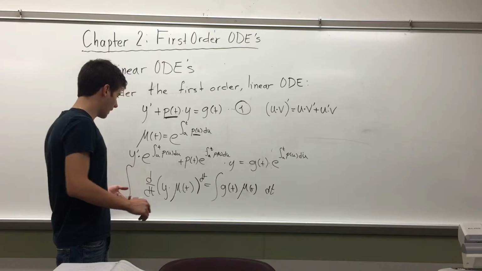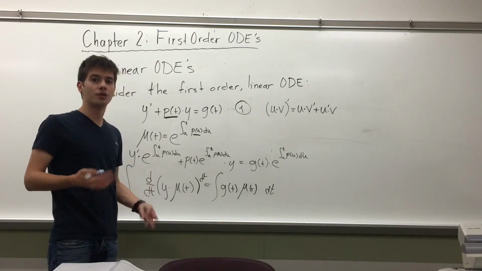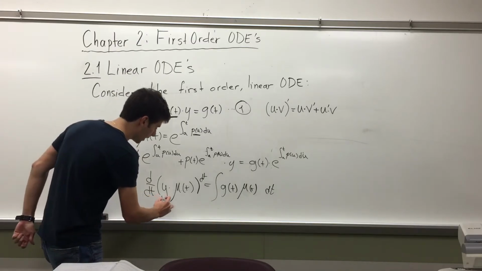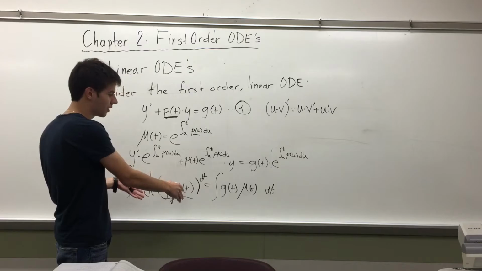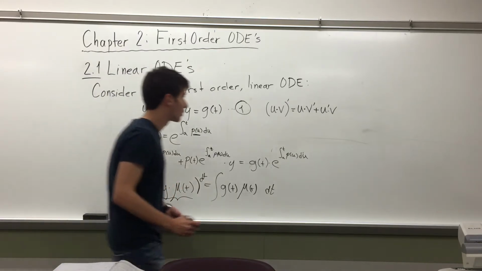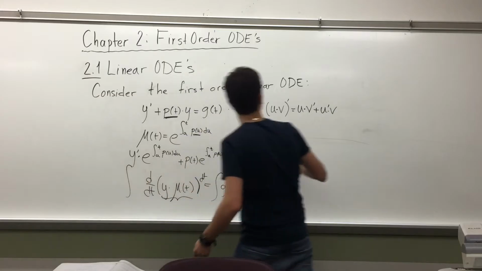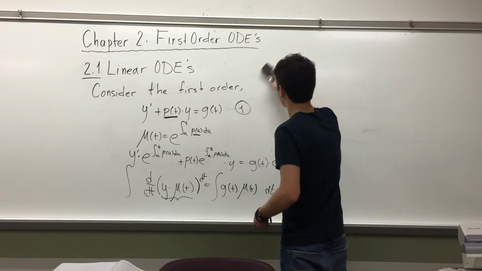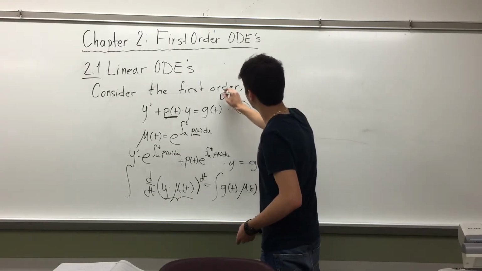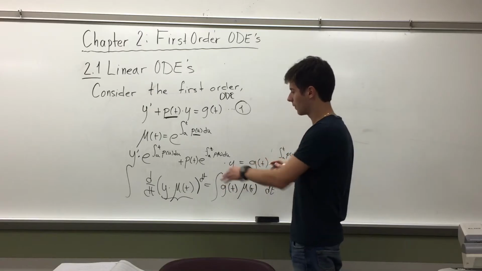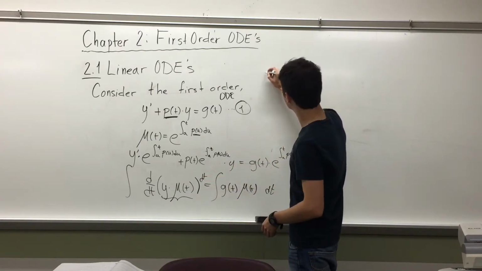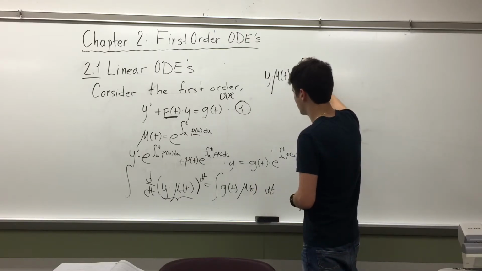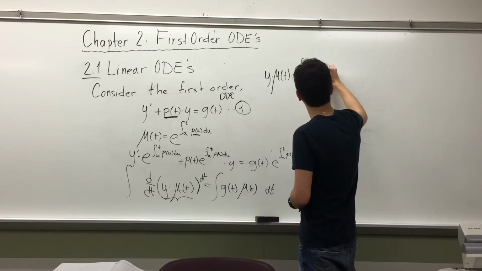Since integrals and derivatives kind of undo each other, on the left-hand side we're going to be left with the argument. So let me erase this part right here. What we're left with on the left side is y times mu of t, equal to the integral of g of t times mu of t.